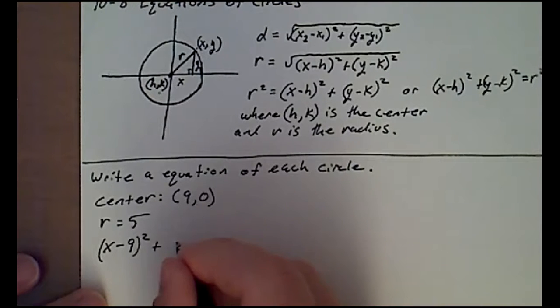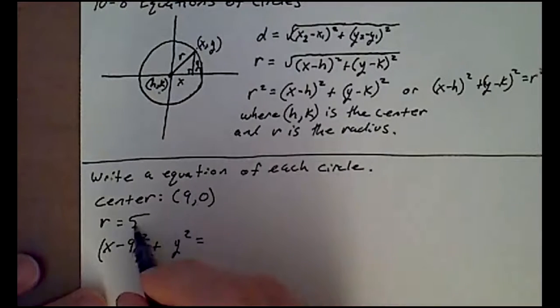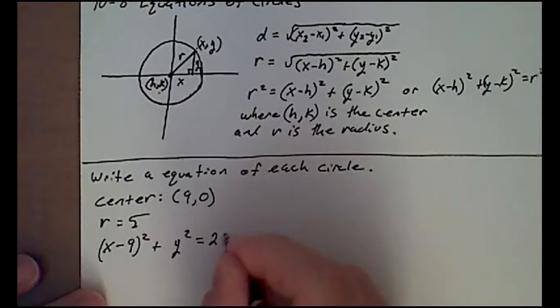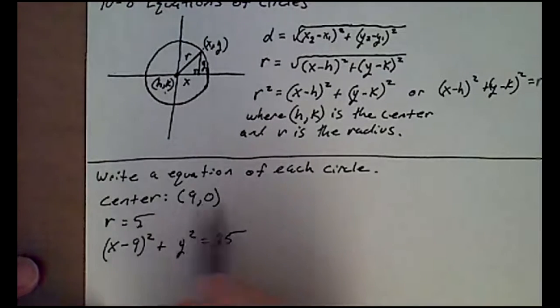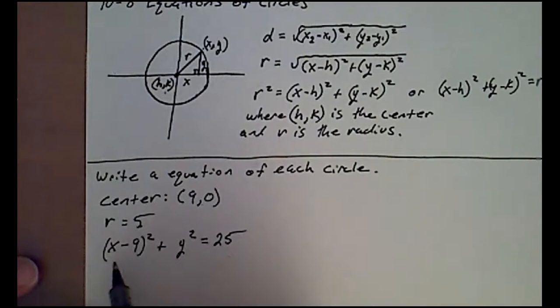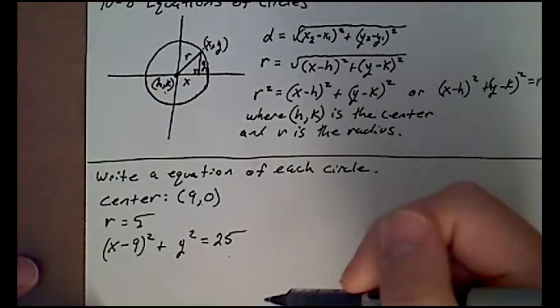So if we have y minus 0, that is y squared, equals 5 squared, which is 25. So the equation of the circle with a center at (9, 0) and a radius of 5 is (x minus 9) squared plus y squared equals 25. You will notice that it's x minus 9, not x plus 9. Again, the equation is x minus h, and we're just substituting it in.